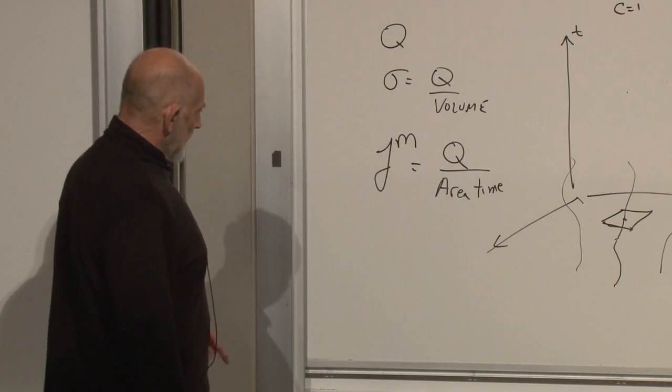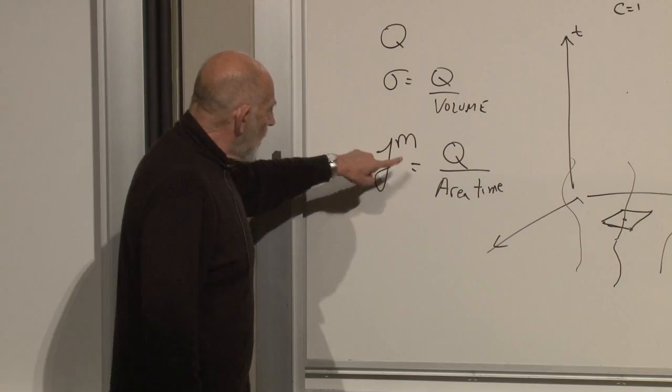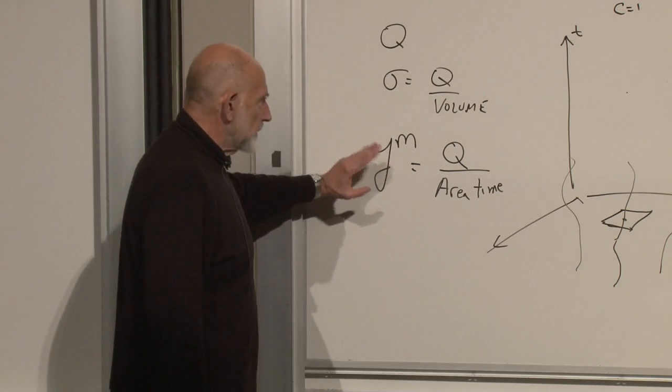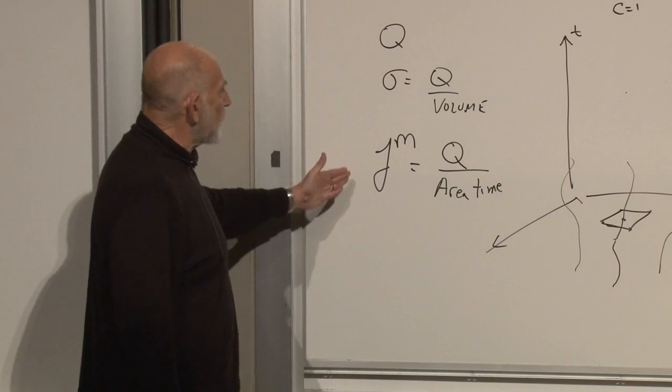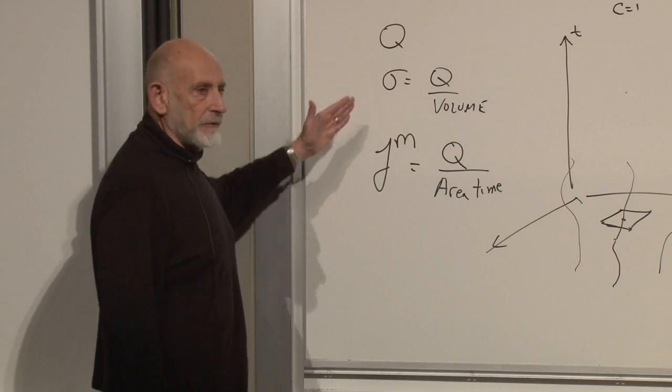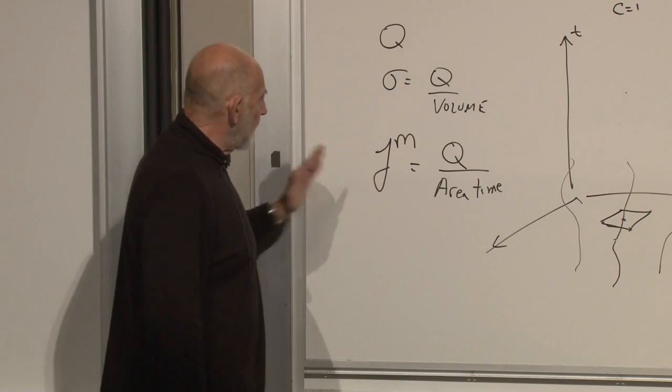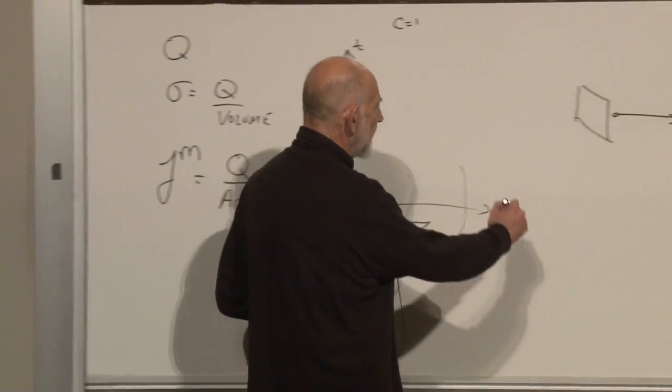Sigma, the charge density, and the current of charge, the space current of charge, those 4 things together form a 4-vector. They form a 4-vector in the sense of relativity.